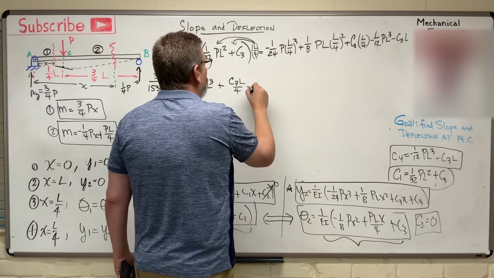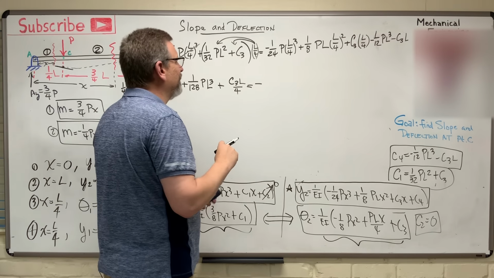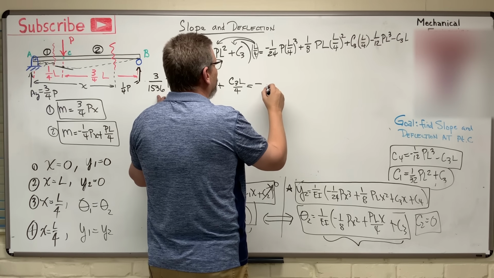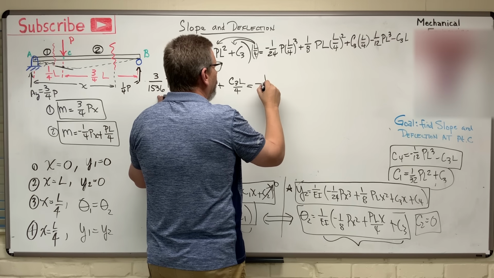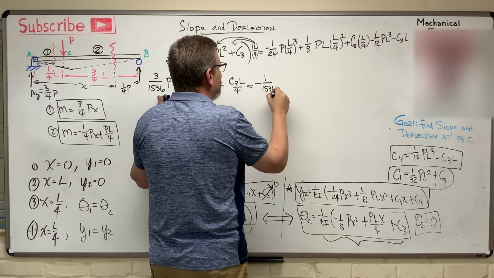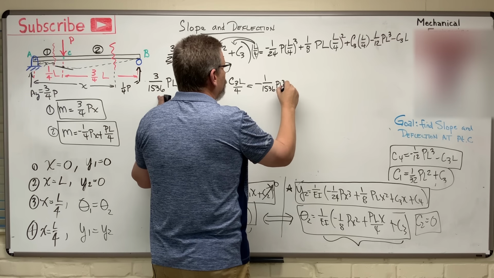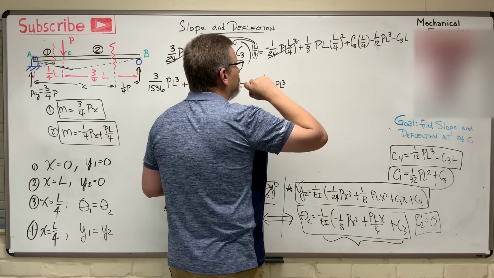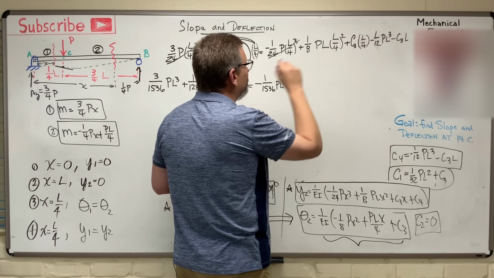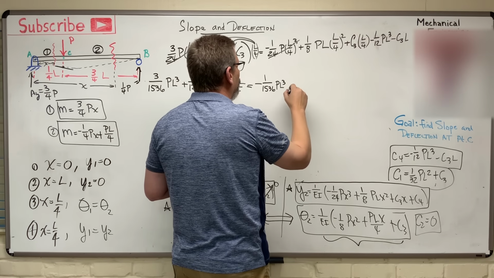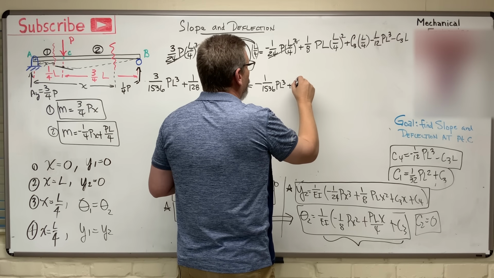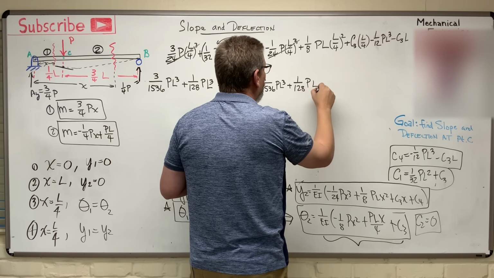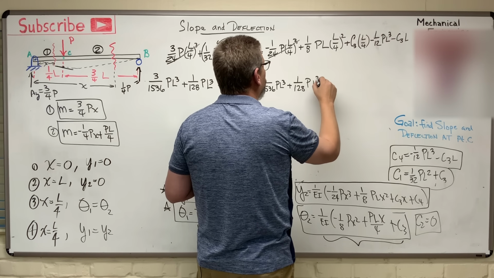Equals minus, oh my goodness. There's a 64, oh, that's another 1536, isn't it? So minus 1 over 1536 PL cubed. That's that one. And this one becomes what? 16 times 8 is 128. So plus 1 over 128 PL, there's an L squared times an L, that's a cube.